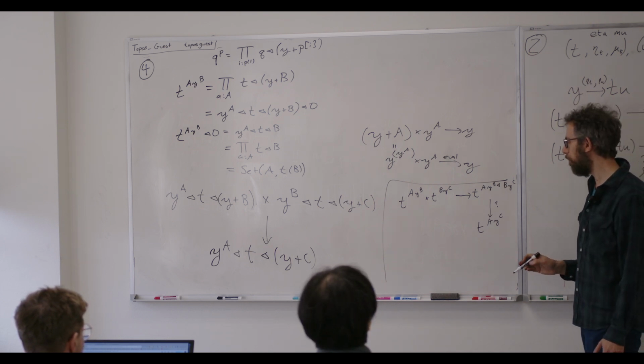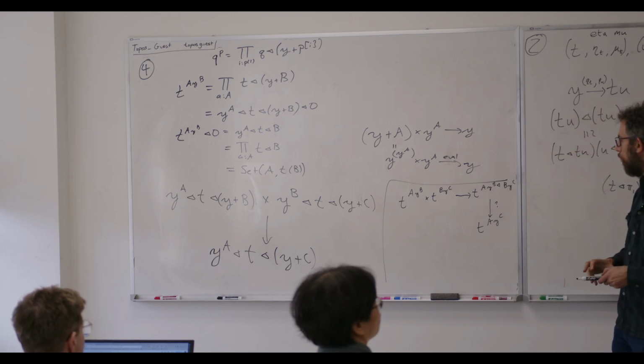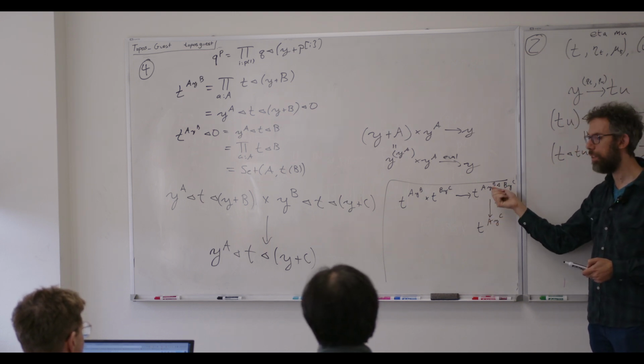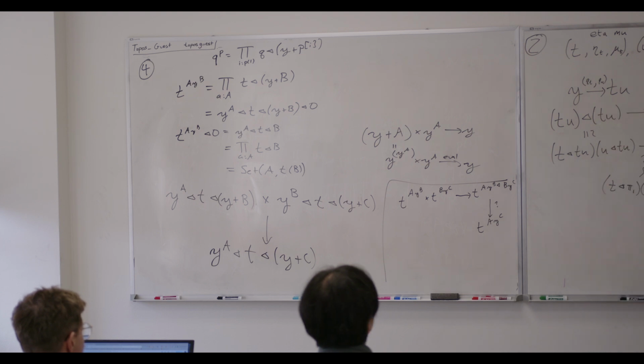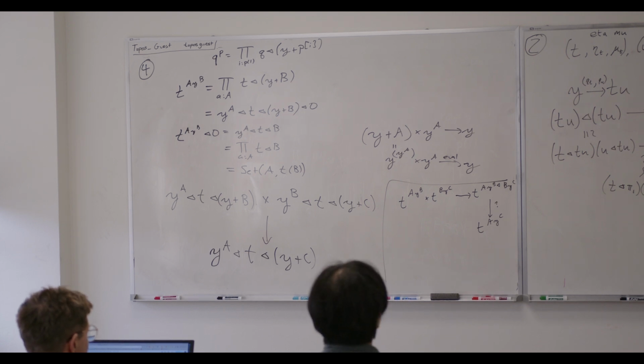Well, if this is going to be like boilerplate, as simple as possible, we want it to be because it's t to the something. We want to use this fact, that exponentiation is contravariant. Meaning if you have a map from P1 to P2, and any q in poly, then you get a map from q to the P2 to q to the P1.